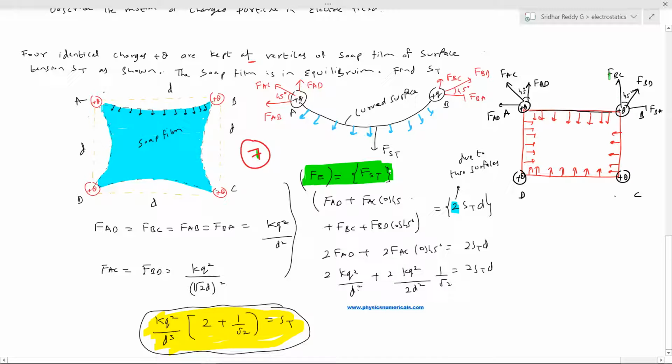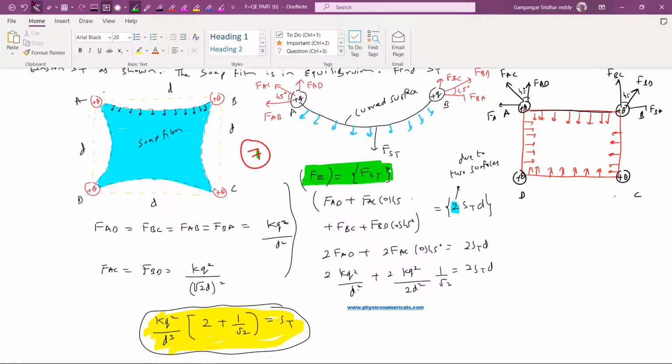That should be balanced by the electrostatic force. So here, the electrostatic force is the component of FBD plus FBC. And look, FAD should be equal to FBC, FBA. FAD, this is FAB. I'll change it.